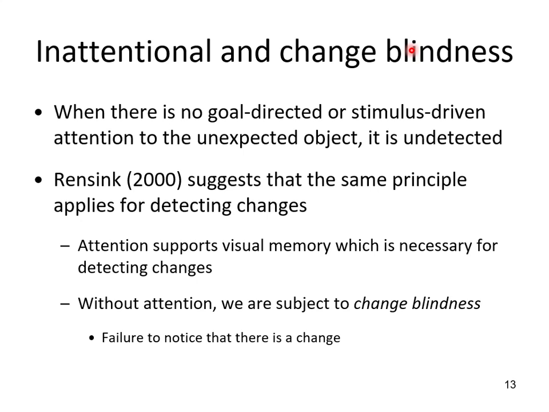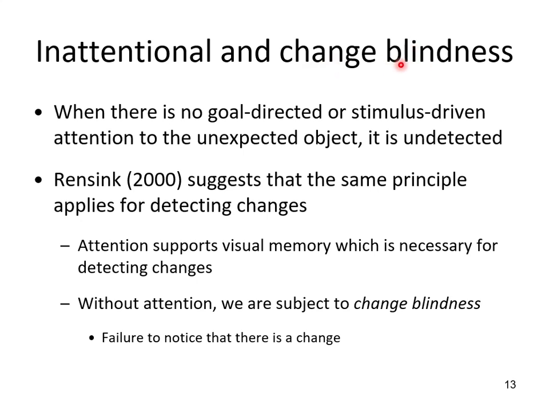So when the video is playing and you're trying to find out the change, what you're doing is looking at each location, waiting for a change, and then comparing whether the same thing was seen in the same location that you're trying to attend.